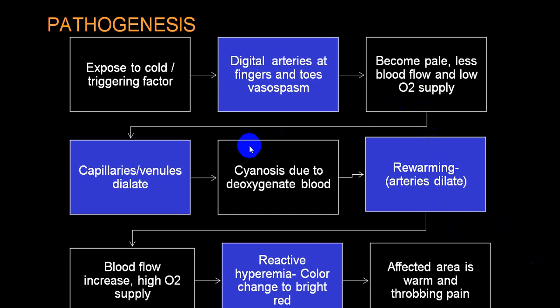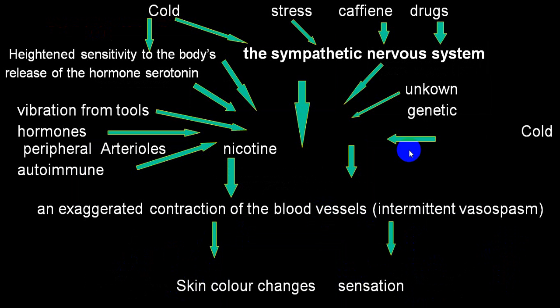So cyanosis will appear due to deoxygenated blood. On rewarming, blood flow improves, there is hyperemia, and the person will have a warm tip with throbbing pain. That is because of vasodilatation. So exposure to cold or stress or caffeine or drugs causes sympathetic stimulation, vasospasm, and skin color changes. And these are all the different factors which are also responsible.